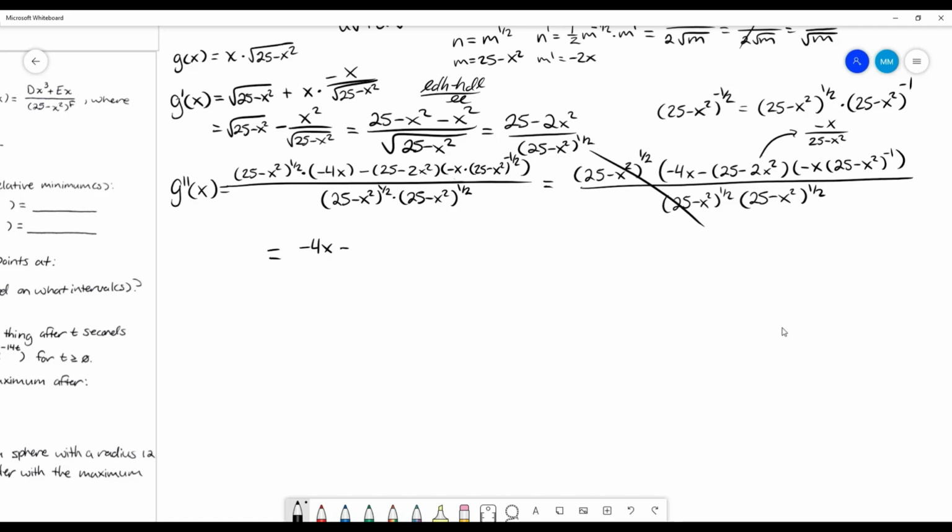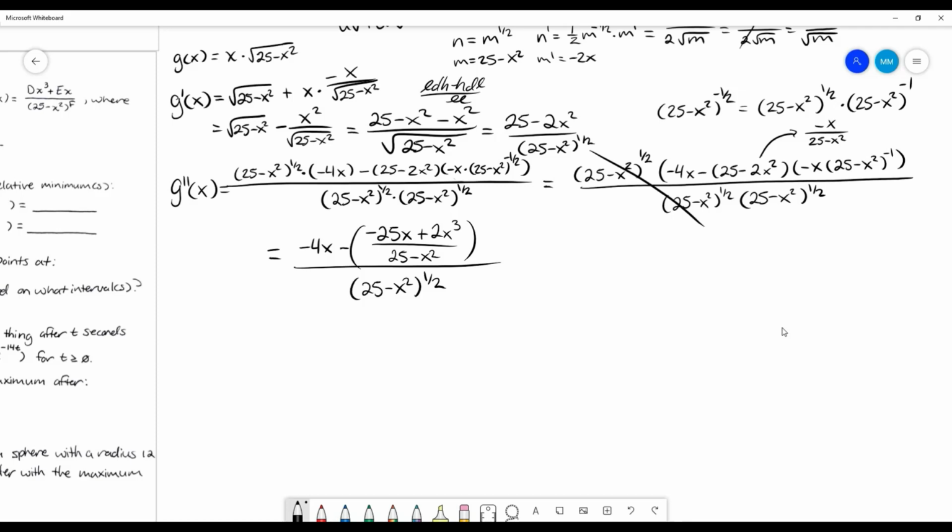So it's going to be minus a negative 25x plus 2x cubed over 25 minus x squared all over this square root still, 25 minus x squared. Actually, yeah, I'll stop putting it as a square root.